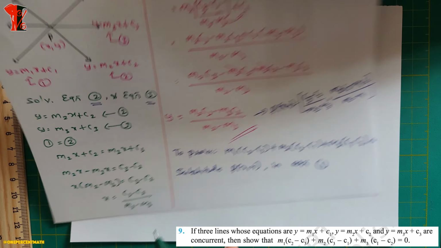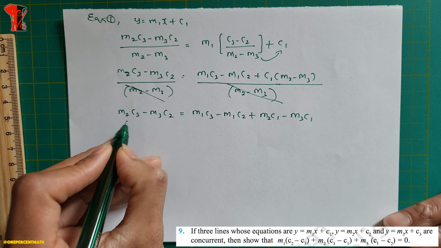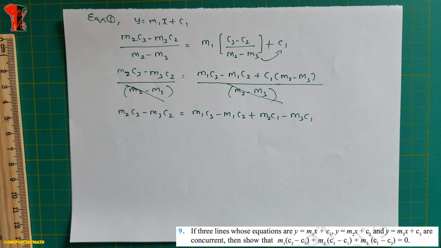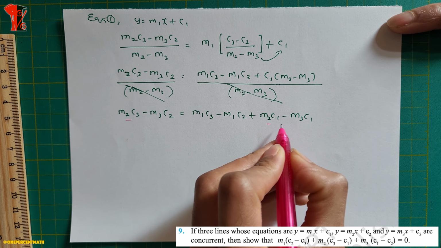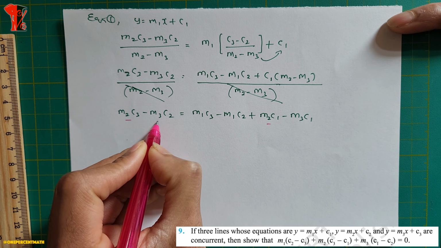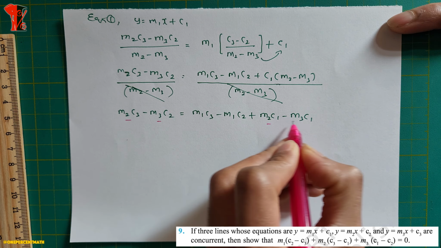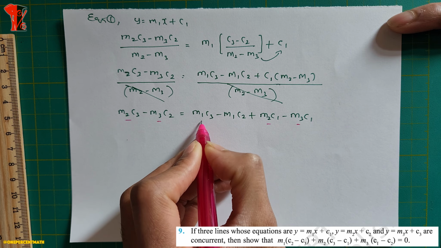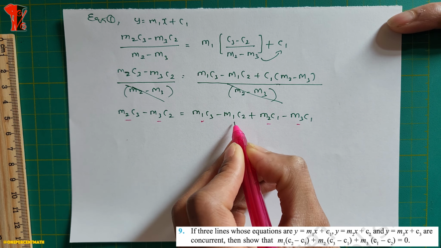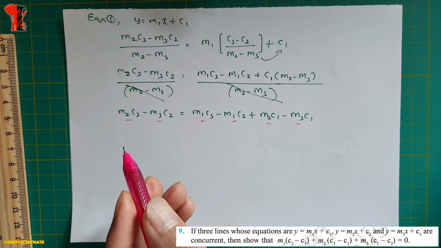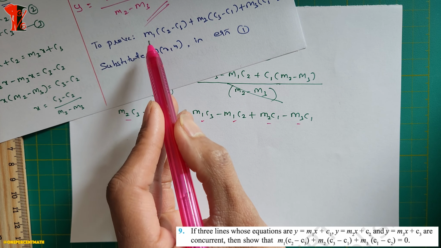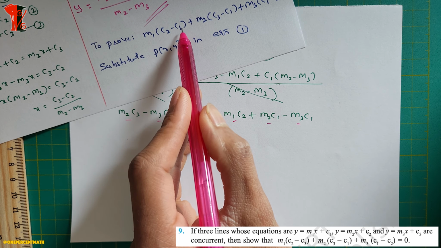It's simple. Identify how many m2s I have. You can check in this: here one m2, here one m2, correct? Then here one m3 and here one m3. Then here one m1 and here one m1. What I need to get is m1 into (c2 minus c3), correct?